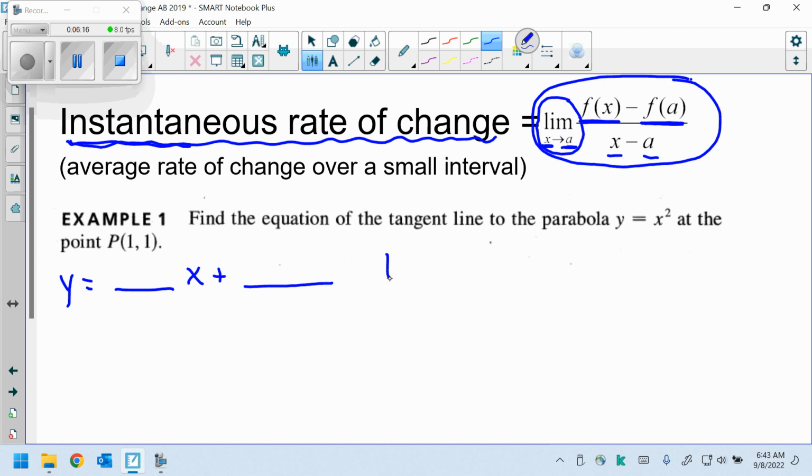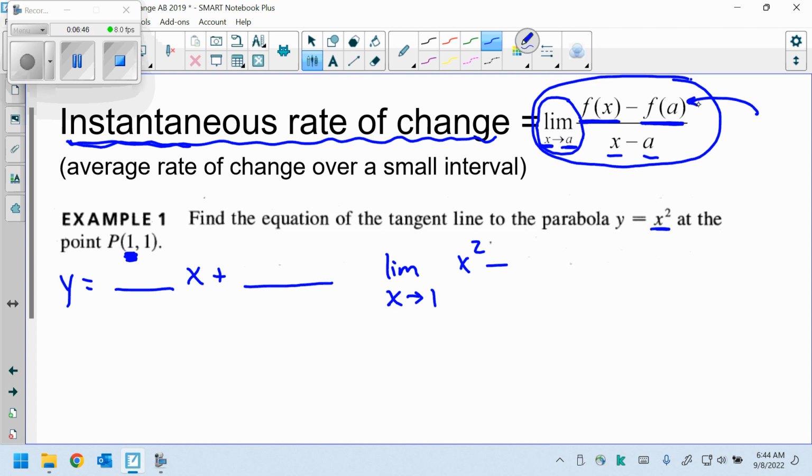So I'm going to take the limit as x gets close to, well, now in this case, it looks as if x is getting close to 1, isn't it? And I've got to take f of x. Well, here's f of x right here. They will give us a function, and we will say that function is x squared, minus f of a.